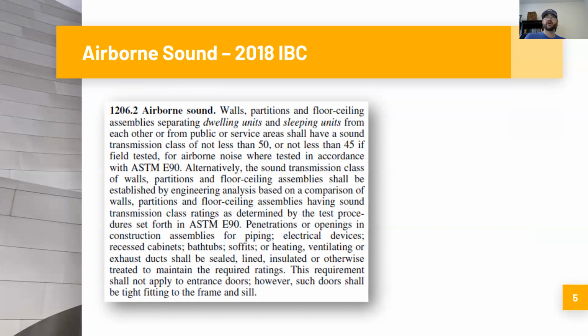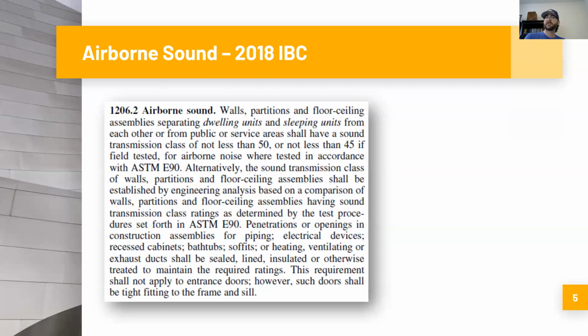Now, the code recognizes that lab tested acoustic performance versus acoustic performance in the field are different. That's because lab conditions are fully controlled. Field conditions aren't always fully controlled, because you can't control what goes on in the corridor outside, or what happens in your neighbor's unit above or beside you.